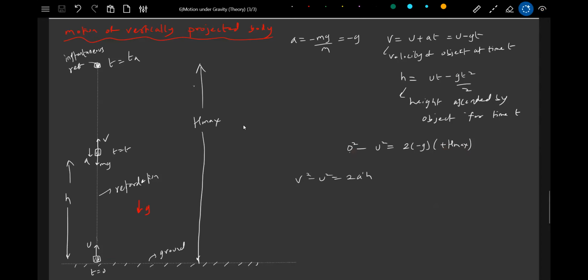So when you are using these equations of motion, you have to use the sign convention. What is the sign convention? For final velocity, acceleration and displacement, if they are measured in the direction of initial velocity, they are positive. If they are measured opposite to that, they should be negative. Look at the displacement: we measure it in the direction of initial velocity, so it is positive here.